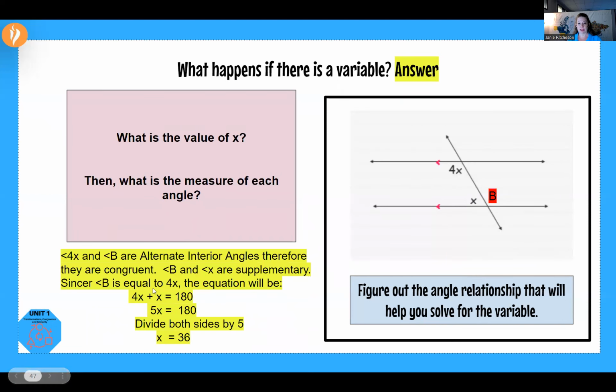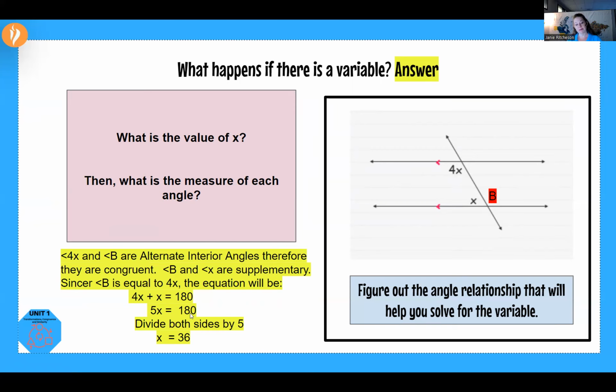All right, so if you read my description, I say that the angle of measure B has to be 4x. I know that these two angles are supplementary. So I said 4x plus x is equal to 180. I combined like terms. 4x plus 1x is 5x. I set 5x equal to 180.